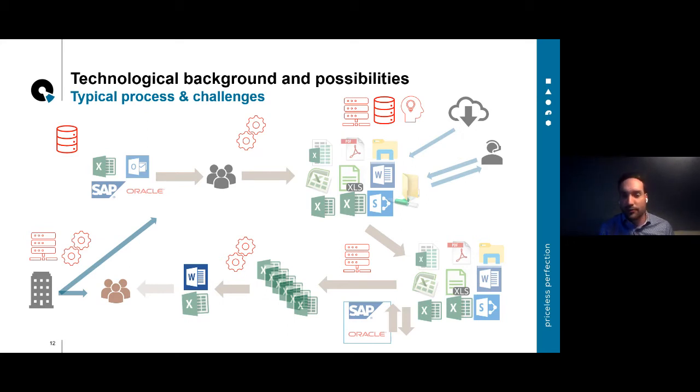So, for example, if you look at the data sources you need, you can see it as a data challenge. The people who are involved are part of the process.